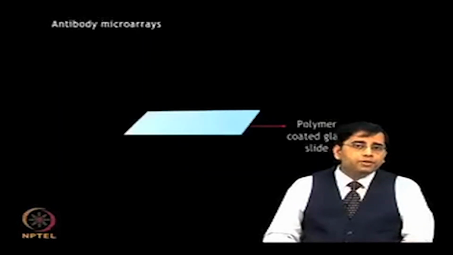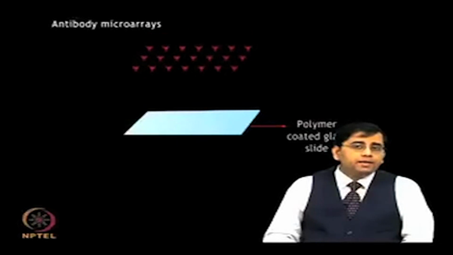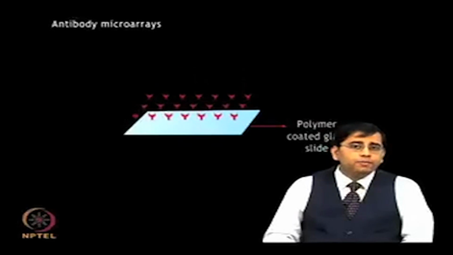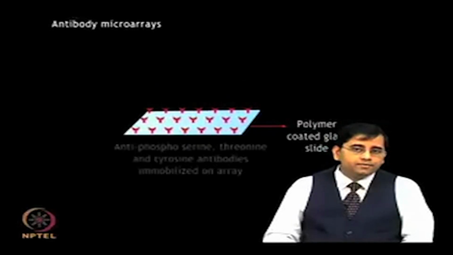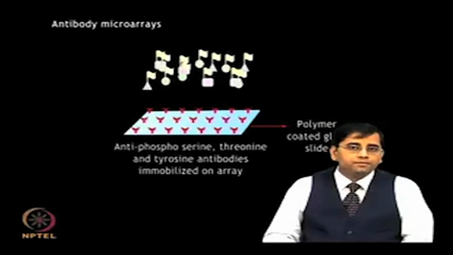Antibodies specific to phosphorylated serine, threonine or tyrosine residues as well as motif antibodies can be immobilized onto a suitably coated microarray surface and used for detection of post-translational modification.